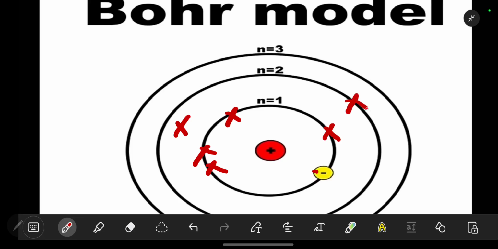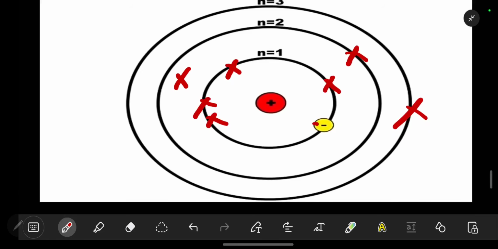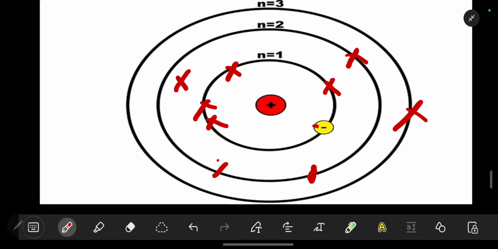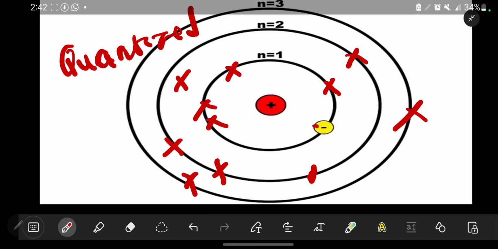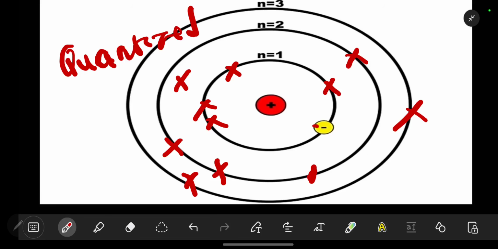It can be in another energy level, or rather a shell, as long as it's a shell. So that is what we call the energy, or rather the shells, are quantized. That is what we mean by electrons are quantized. They can never be in between like that.